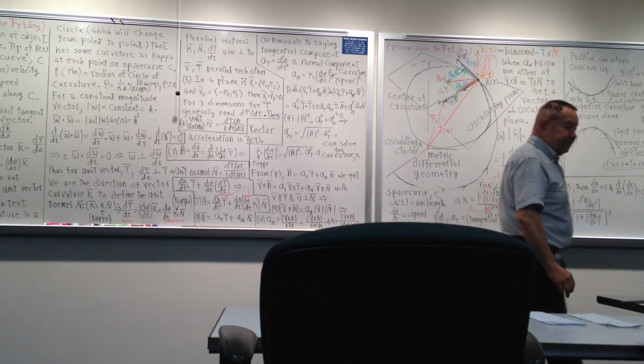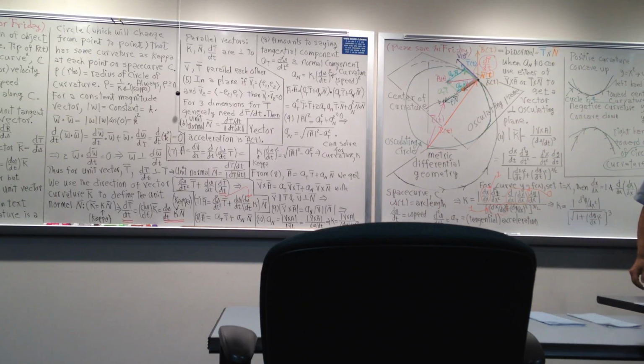This is called metric differential geometry. The metric refers to the idea that you can compute the length of the vector, the dot product with itself, take the square root. That's your metric. So you have a sense then of distance between one point and another. And the differential refers to the derivatives.